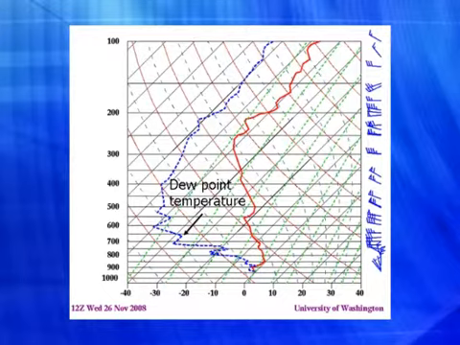For now, I just want to show you that you can see rapid changes with altitude in the dew point temperature. Some layers have much drier air and some layers have much moister air, higher relative humidity, because once again, we can use the temperature line and its relative proximity to the dew point temperature line to estimate the relative humidity of the air.